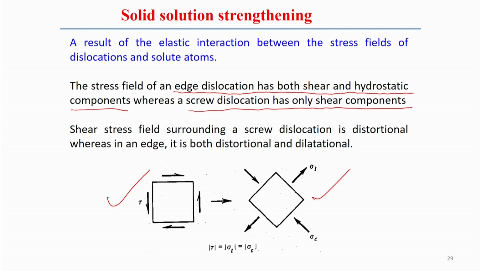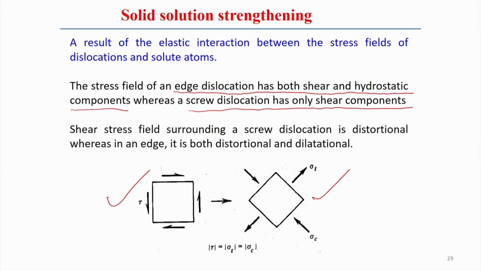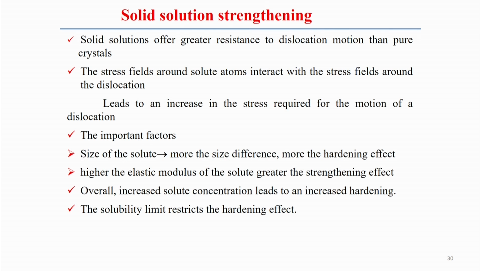To represent that interaction of the stress field, we have already discussed that there is a volumetric strain associated with edge dislocations, whereas volumetric strain was 0 in the case of screw dislocations. So to look into that fact, we will analyze the further effect of this, how we can bring in the solid solution strengthening mechanism in this case.